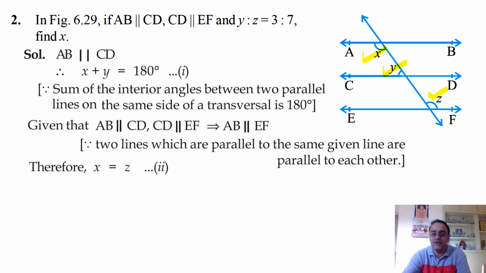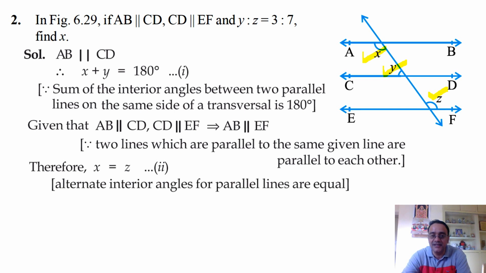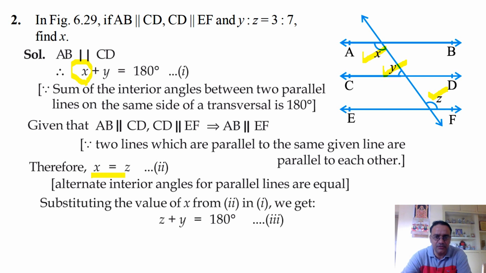Why? Because these two angles are alternate interior angles. Okay, so now in place of x we can write z, because these two are equal. So we'll substitute and finally we'll get z plus y is equal to 180 degree.